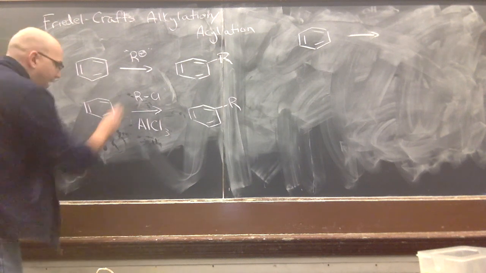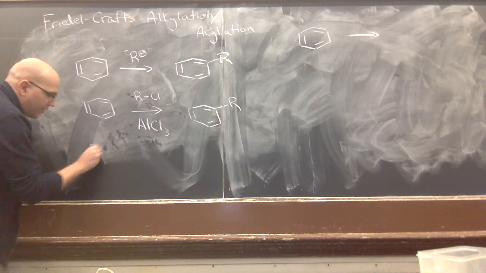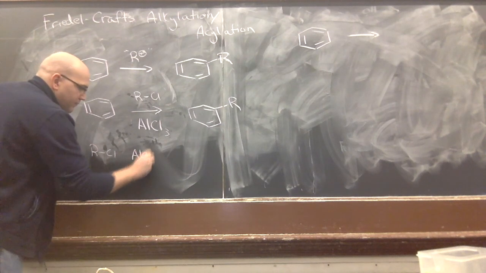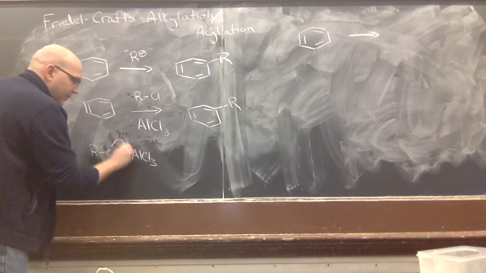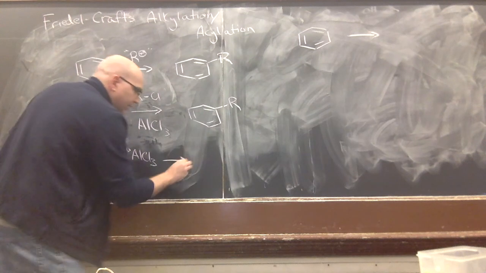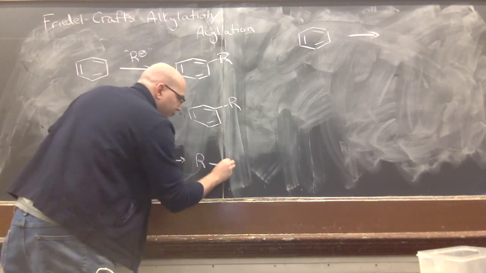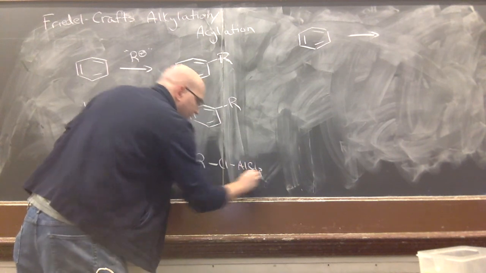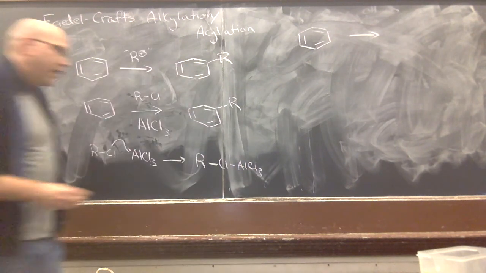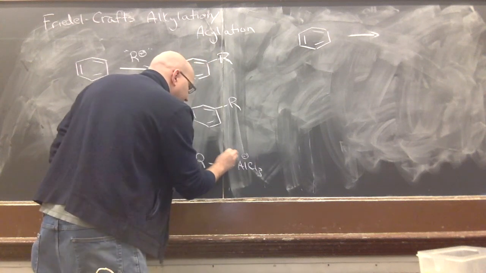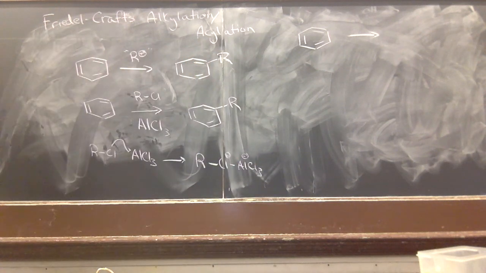And so the first step of this is that our R chloride is going to react, and is going to coordinate to that aluminum trichloride. In this way, we have a negative charge there and a positive charge on that chloride.